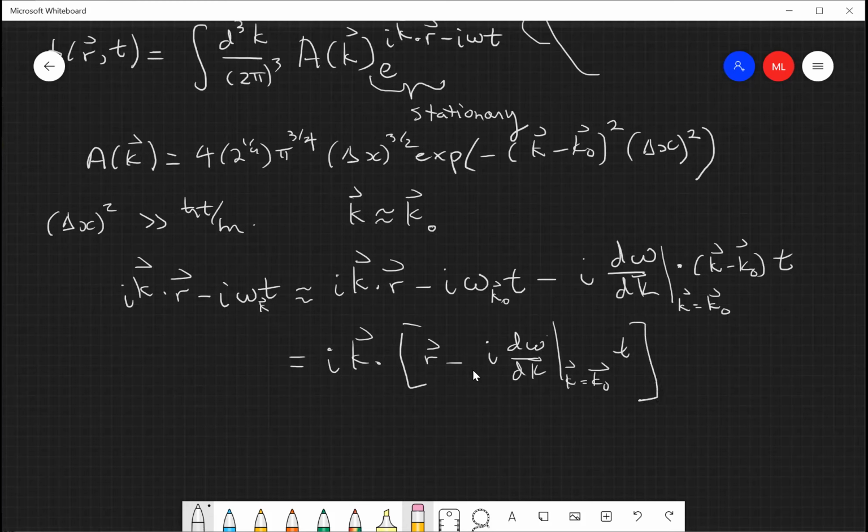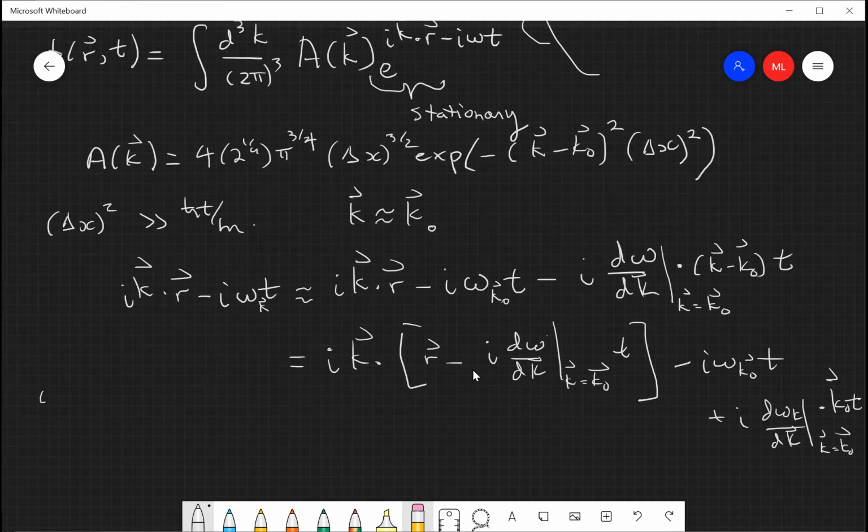And we're left with a minus i omega k naught vector t. It's this term. And then we're left with this other k naught piece, which is plus i d omega k dk, evaluated at k equals k naught, dotted into k naught t.